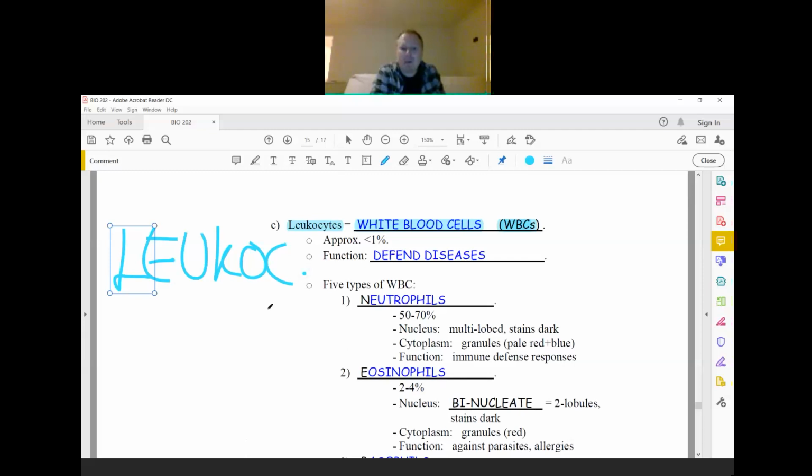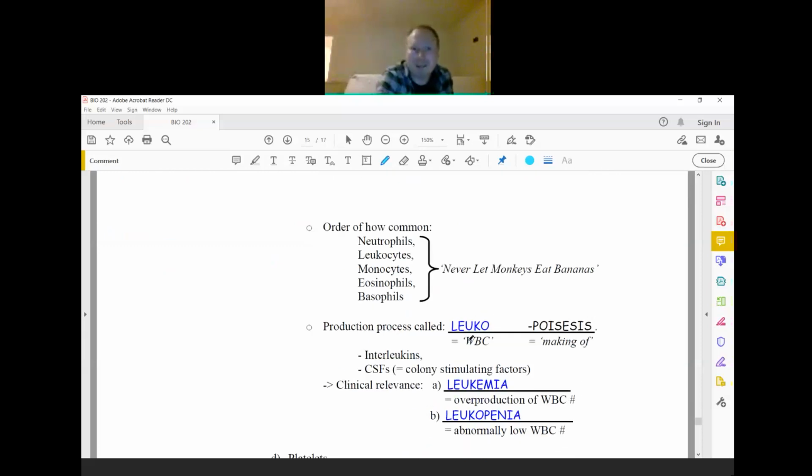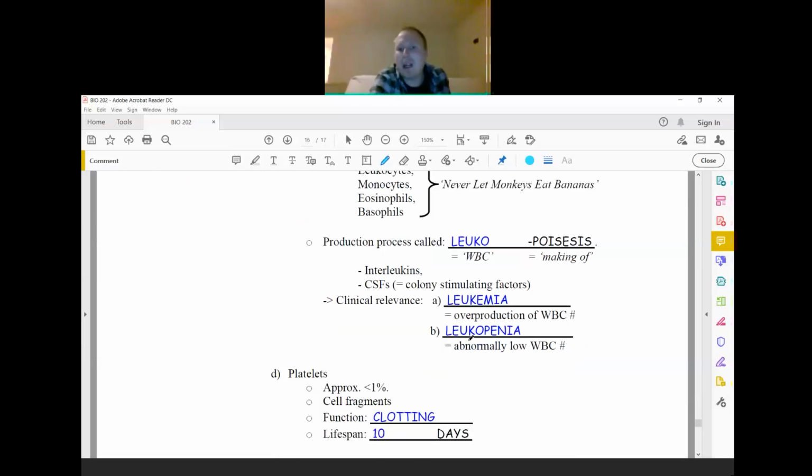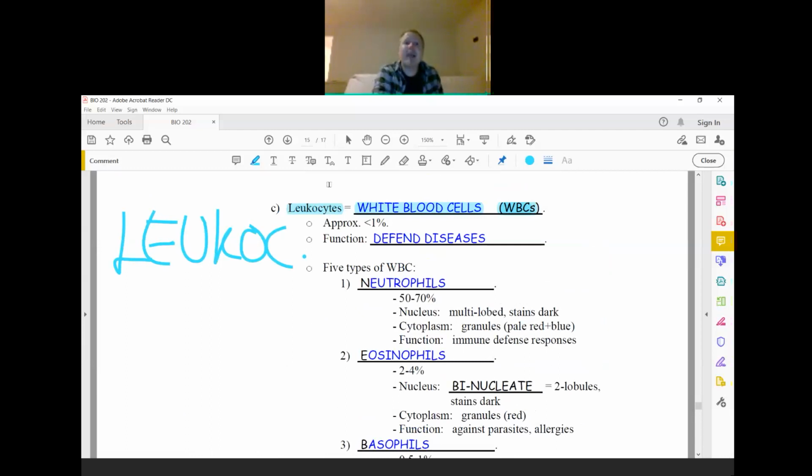The reason why I want to mention the word leukocyte is that when we talk about the production of white blood cells, we talk about leukopoiesis. So notice how the term poiesis, for making of, remains, and we just change the term in front of it. When we talk about white blood cells, it's going to be leukopoiesis. And again, I will come back to the rest of this. I just wanted to show that in terms of the term leukocyte.